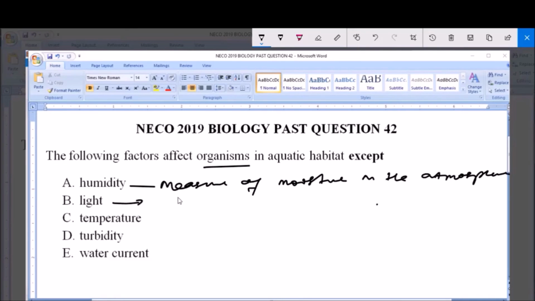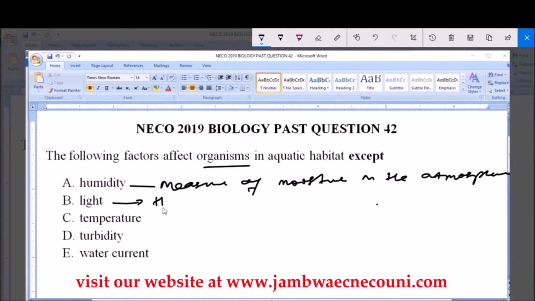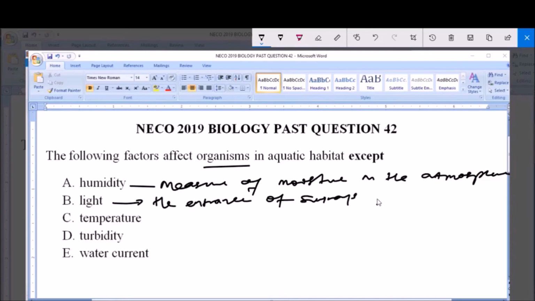Now, light simply means the entrance of sun rays, that's in a water body.